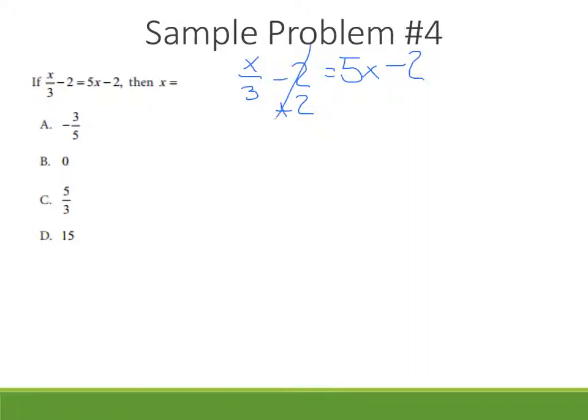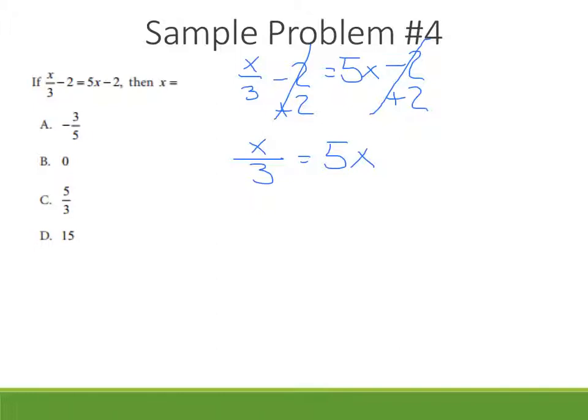So that cancels it out. And I'm going to add 2 to the other side over here. Well, in this case, it just so happens that negative 2 plus 2 equals 0. All my constants cancel out. So I've got x over 3 equals 5x. Great.